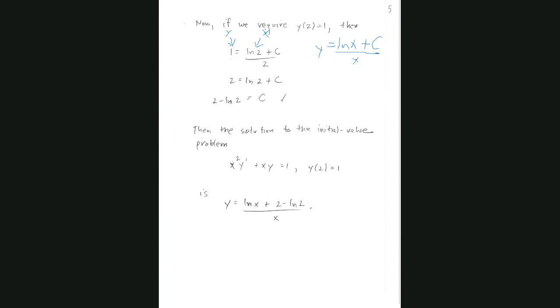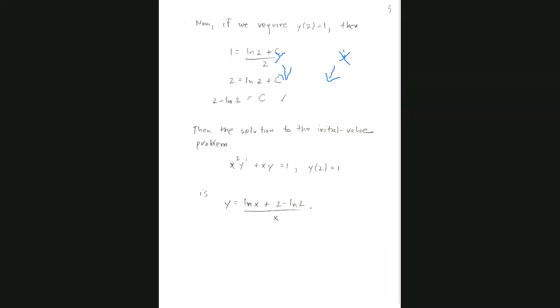But now we're demanding that when x is 2, y equals 1. So I substitute 1 for y and 2 for x, and when I do that, I get a specific value for the constant. The constant equals 2 minus the log of 2.